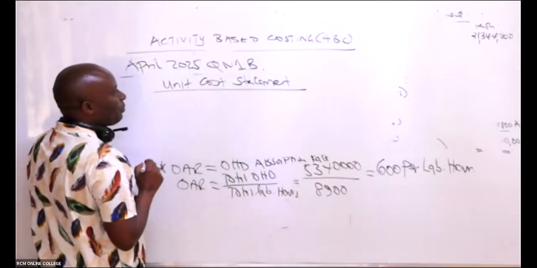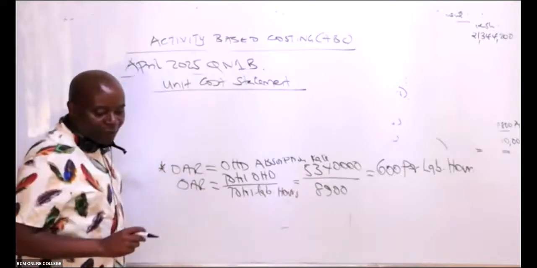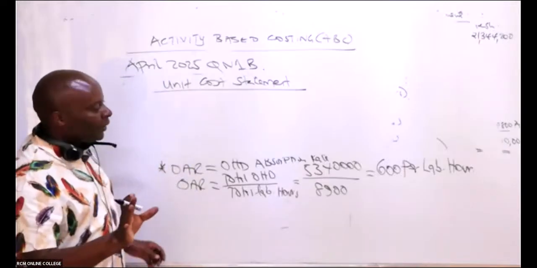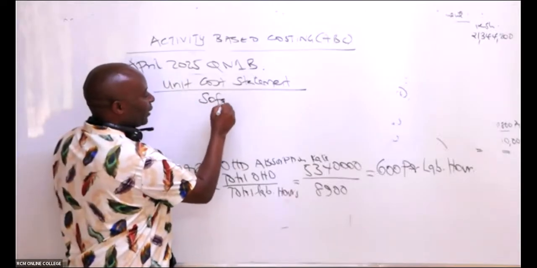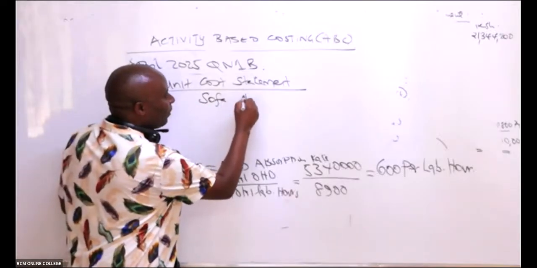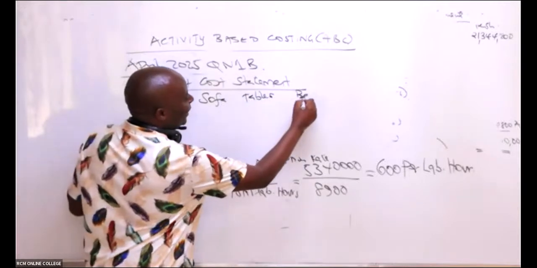So we have our three products. Do you remember the names of our three products? We have sofa, tables, and the beds, isn't it?